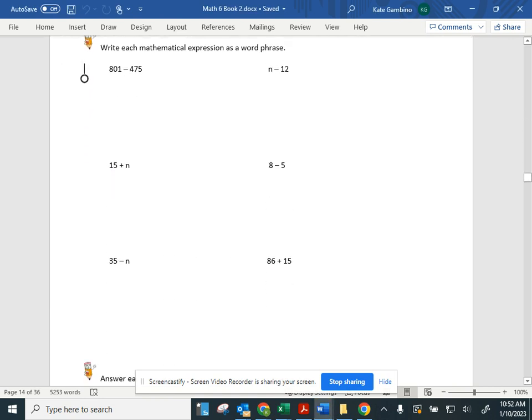This time, they're giving us the expression, and you're going to put it into words. So if we have 801 minus 475, how am I going to write that using words? Jillian? 801 subtracted by 475.